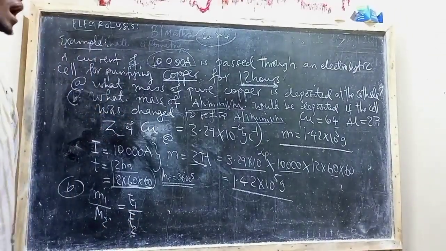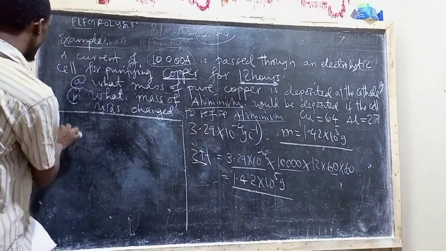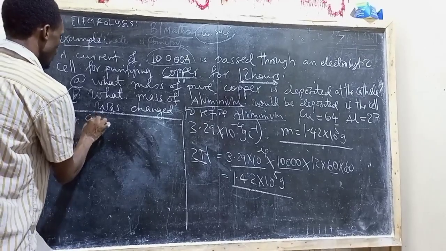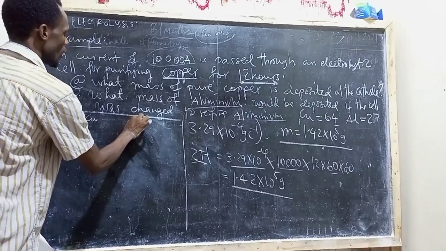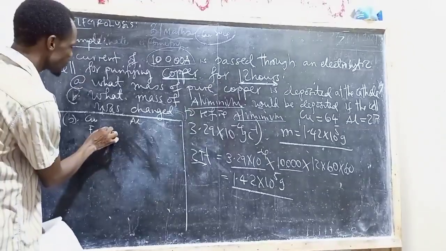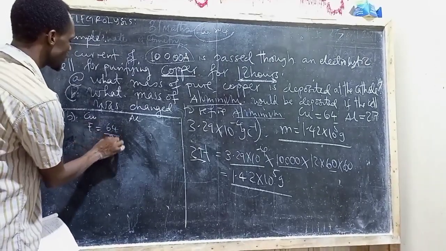E1 is the one for the copper. So if you are talking about B, you are talking about the copper and the aluminium. So we have E of copper: relative atomic mass of copper is 64 over valence or charge, which is 2.